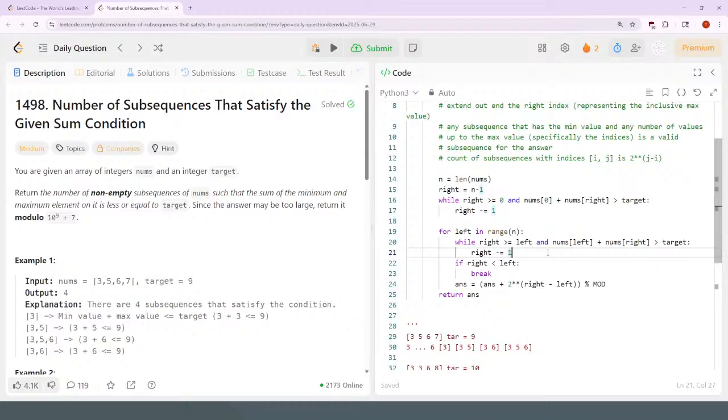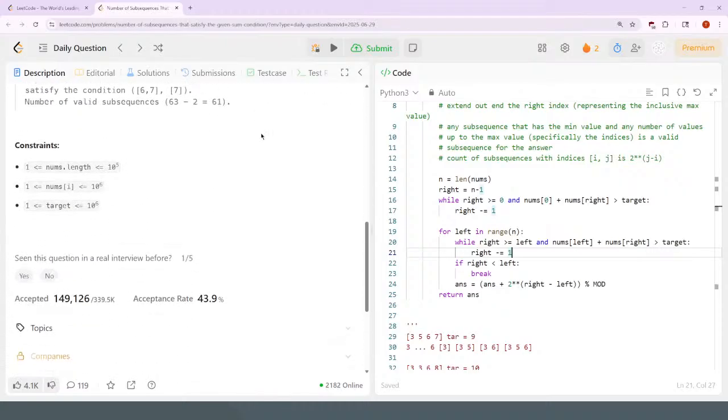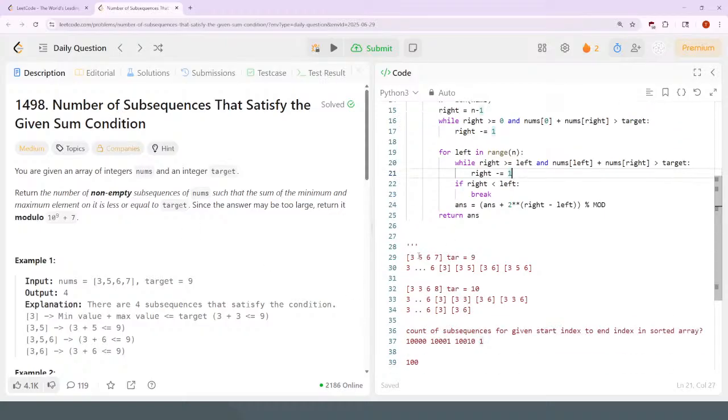Is there some other facet of a sorted array that I should be leveraging? So I go 3, I figure out 7 doesn't work, 6 does work.